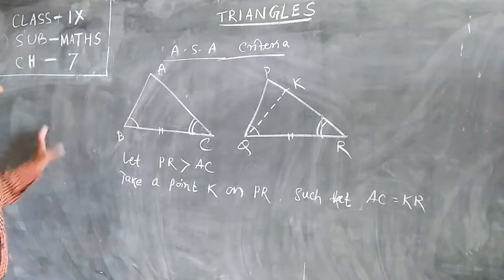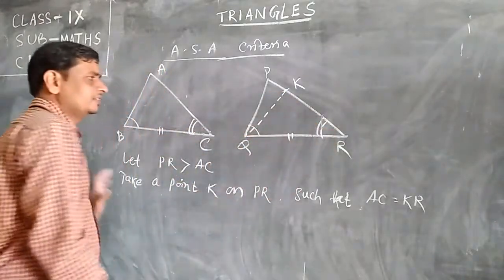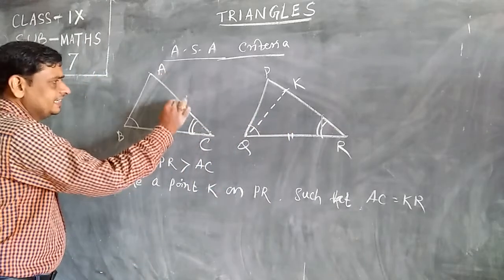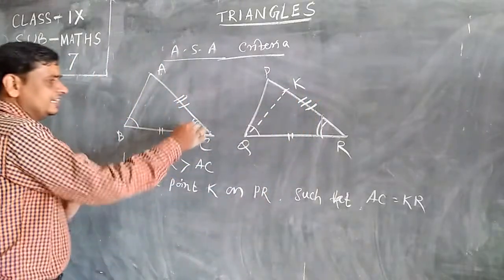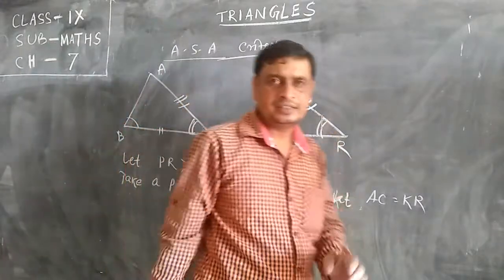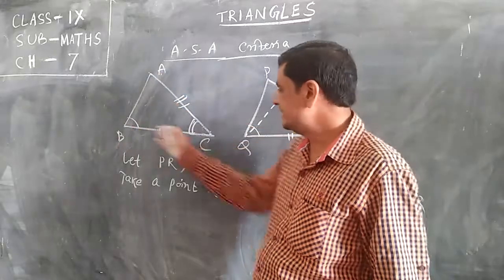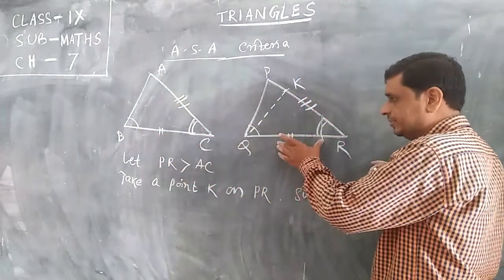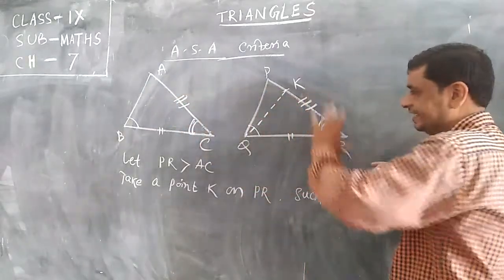In triangle ABC and triangle KQR, here AC equals KR, angle C equals angle R, and BC equals QR. So now we observe triangle ABC and triangle KQR. Side BC equals side QR, angle C equals angle R, and side AC equals side KR.